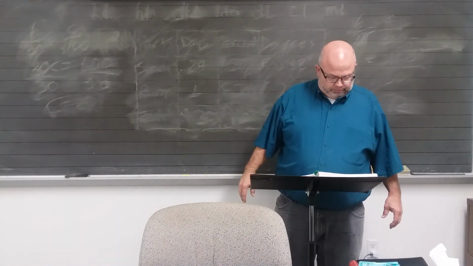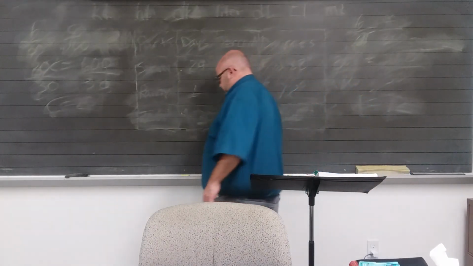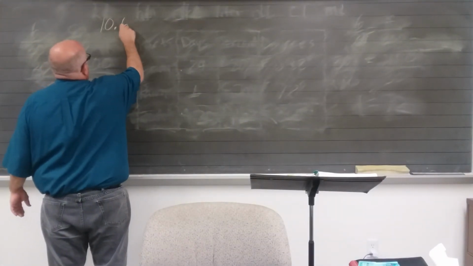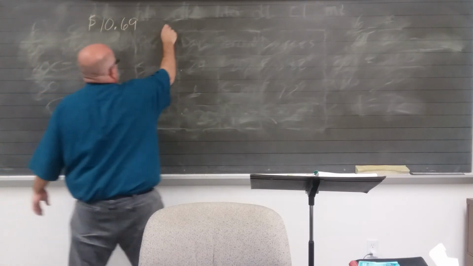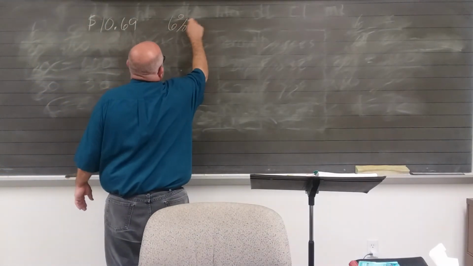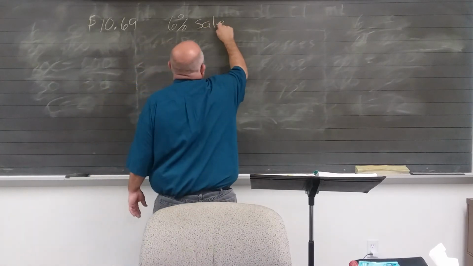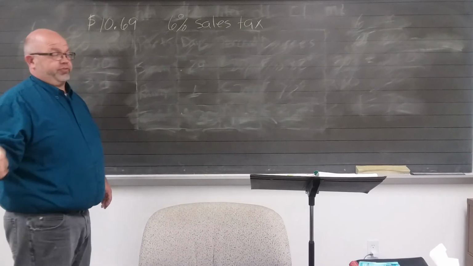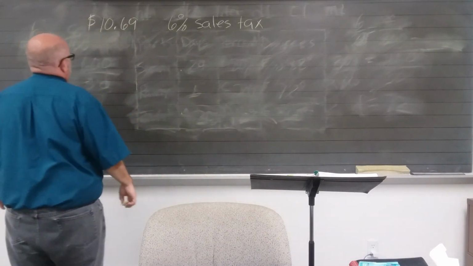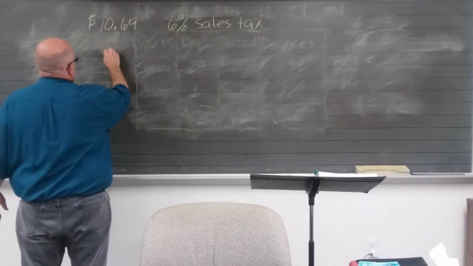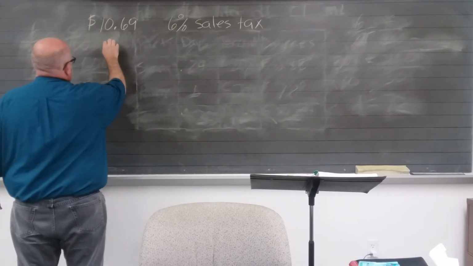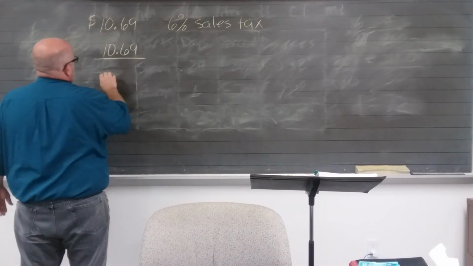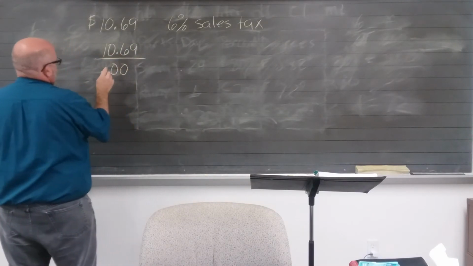So her bill is $10.69. And there is a 6% sales tax. That means there's an increase of 6%. Okay? So remember how you do this? $10.69 is 100%. Okay?